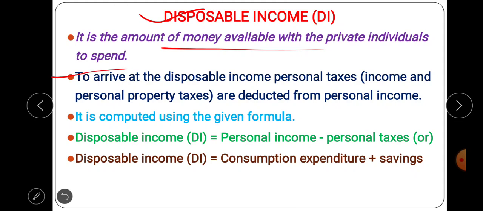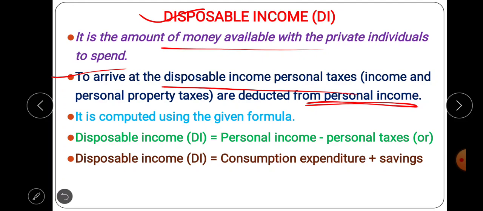So, to arrive at the disposable income, personal taxes, that means the income and personal property taxes, are deducted from the personal income. So, this disposable income can be calculated by using the formula, that is, disposable income is equal to personal income minus personal taxes, which includes the income and personal property taxes.